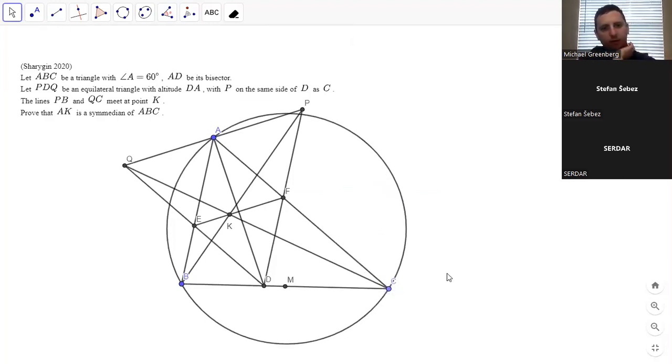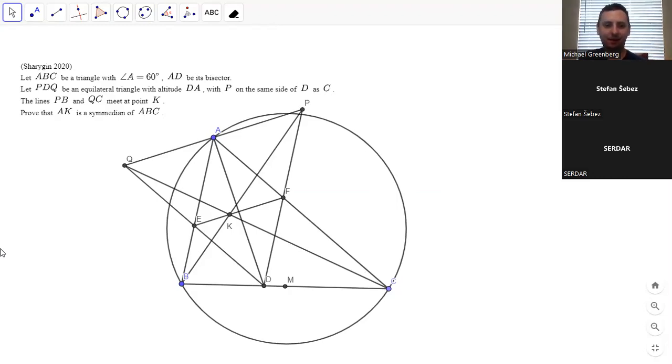So how do we know that that's a rhombus? Is it obvious? Angle ADF is 30 degrees, and yeah, I got it, right as you were about to say it. This is 30 and this is 30, so it has to be a rhombus.